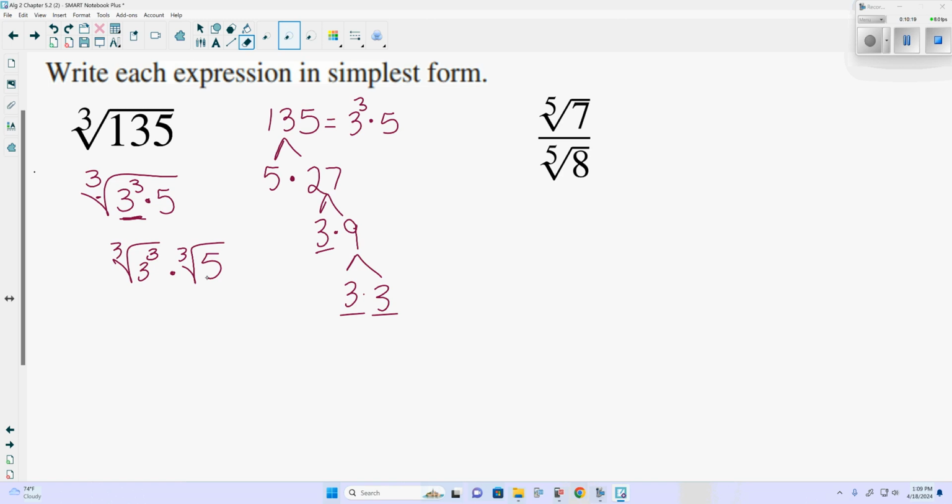So our first part is the third root of 3 to the third. The cubed root, third root of 3 to the third is 3. Can we take the third root of 5? No. So it stays as the third root of 5. So a simplified form of the cubed root of 135 is 3 times the third root of 5. And that's it.